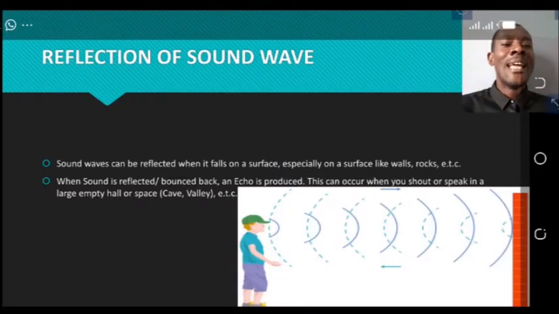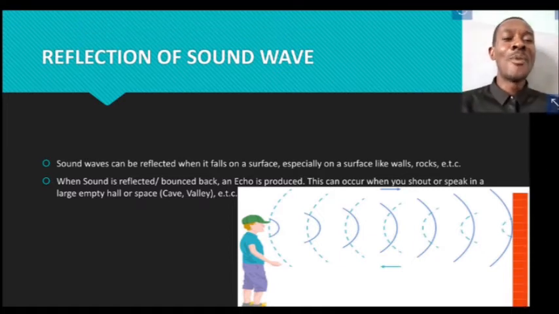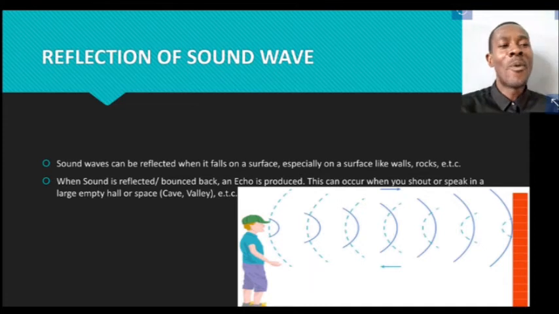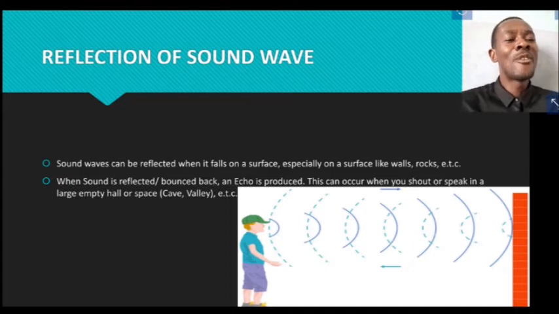All right. Now, the next thing we are going to look at is that sound has some characteristics, but I will only mention this particular one. In your assignment, you're going to be mentioning some other ones. Now, sound wave can be reflected. There is the reflection of sound wave. And what do we mean by reflection?